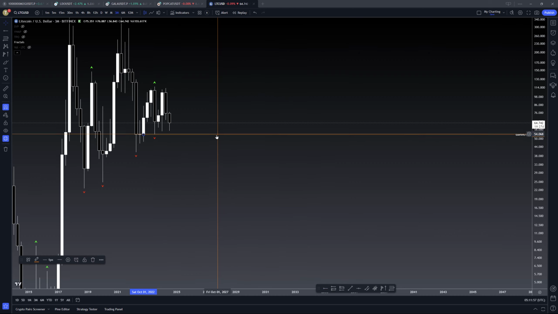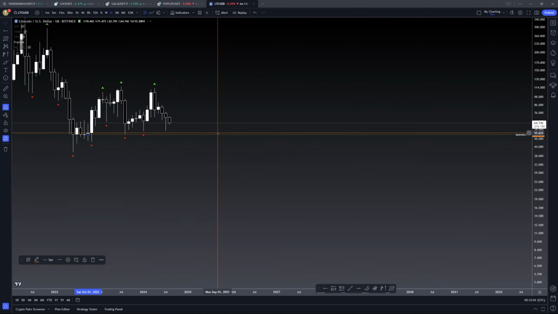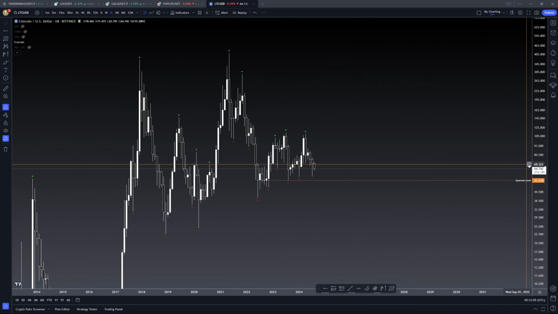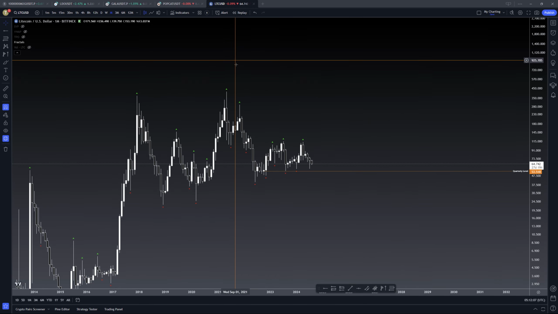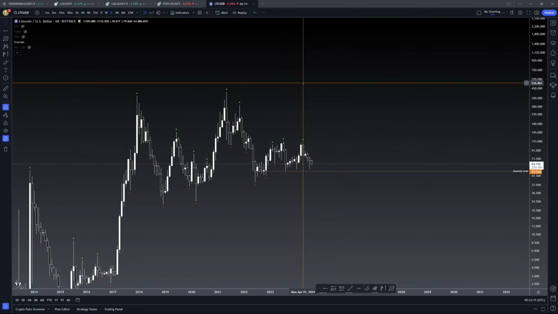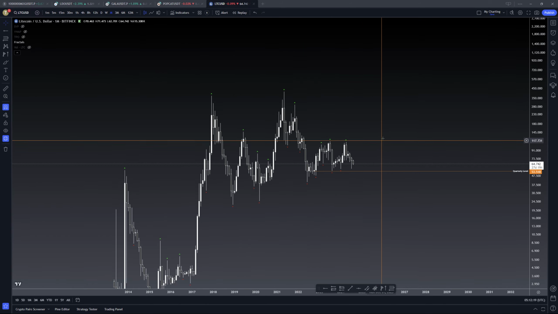We're only looking at these untapped. Boy, it's just barely untapped, isn't it? Save this one for last because this is interesting. The market structure is very interesting as well. I think this thing could take off possibly.